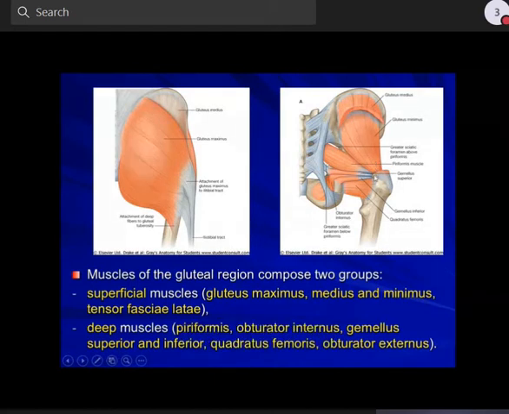extend the hip, and apart from this, are responsible for extorsion, like the whole gluteus maximus. So the whole gluteus maximus and posterior parts of both the gluteus medius and minimus are responsible for extorsion of the hip joint.